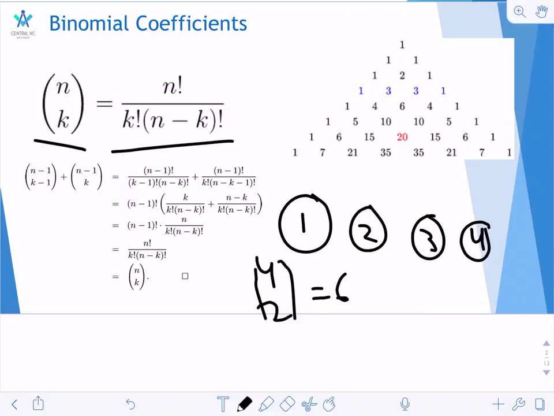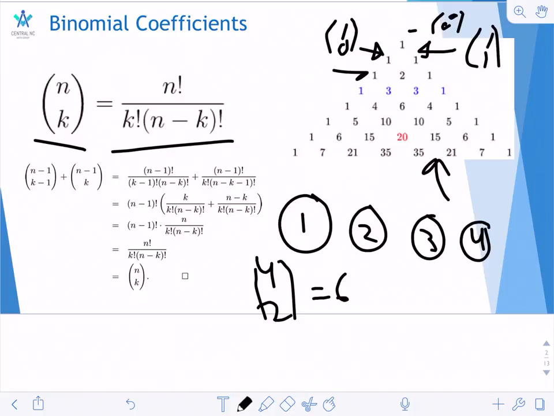Alright, and you can put these binomial coefficients in what's known as Pascal's triangle, which you see in this image up here. So the 1 corresponds to 0 choose 0. The one down here corresponds to 1 choose 0. The one over here corresponds to 1 choose 1.